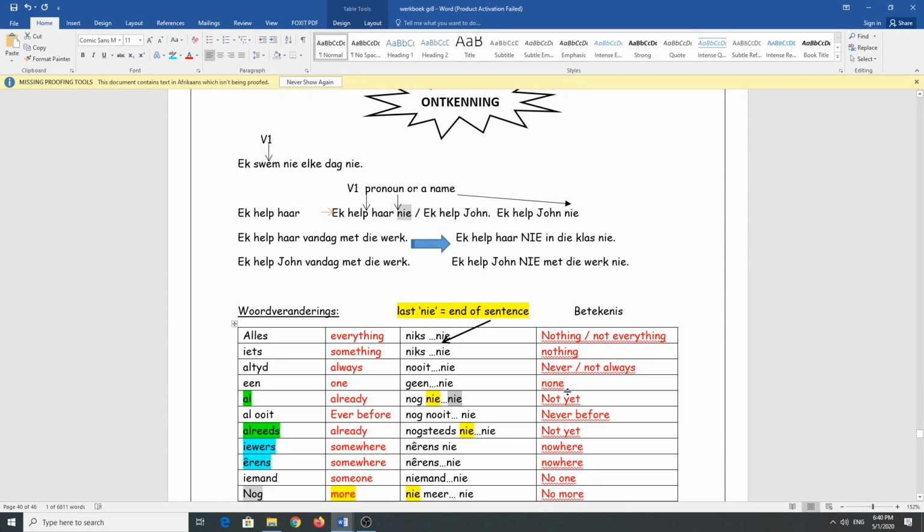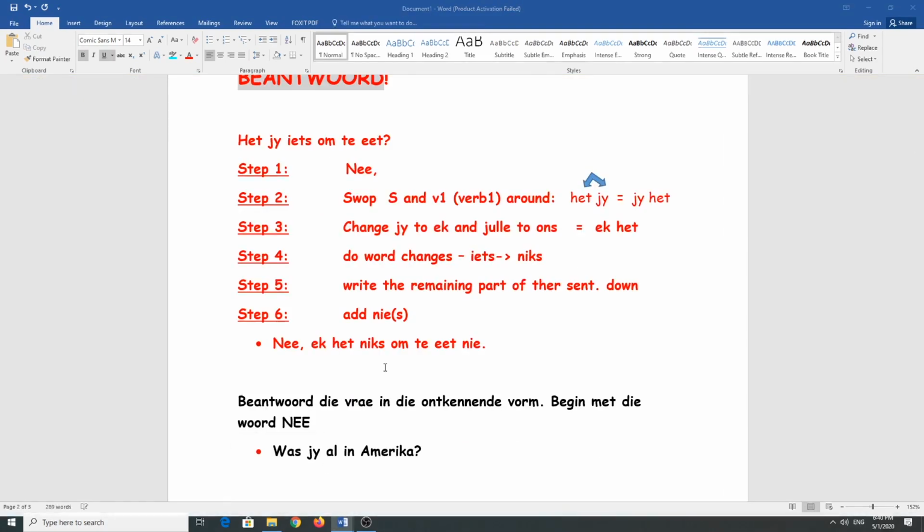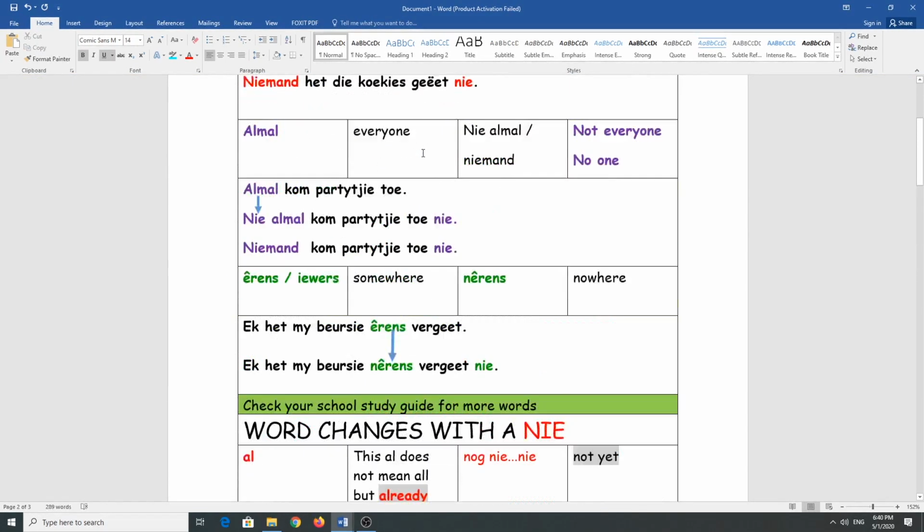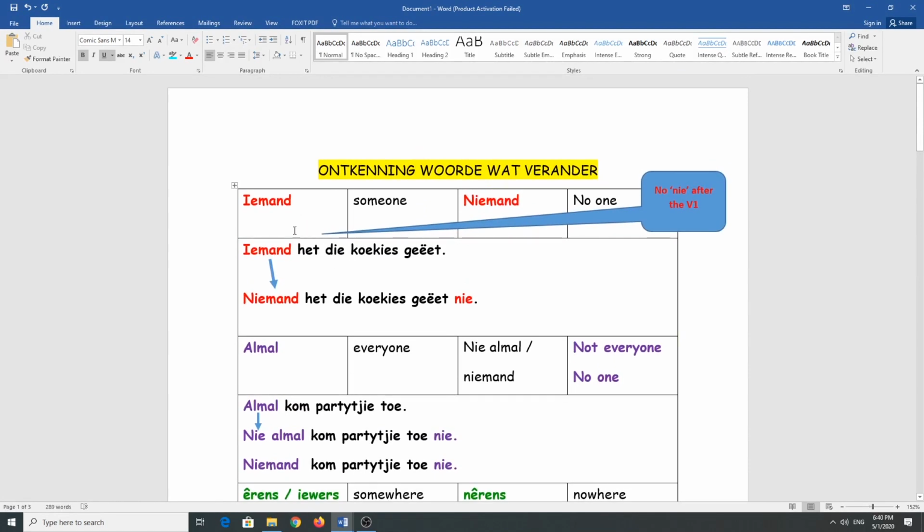So, okay, you might find this a bit confusing. So, I'm going to show you with examples how to do this. Iemand het die koekies geëet. That iemand will become niemand het die koekies geëet nie, the nie at the end. Almal kom partytjie toe. Now, you can say not everyone is coming to the party or no one is coming to the party.